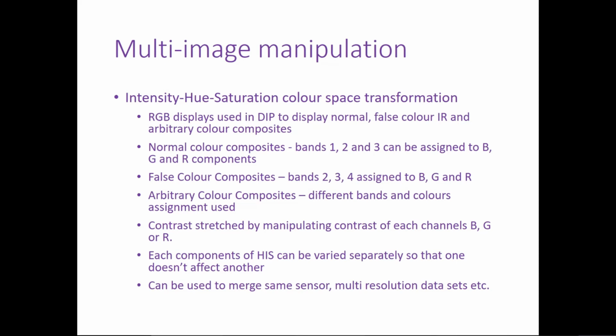Suppose you have 3 bands and you can generate a false color composite or a normal color composite or a true color composite or an arbitrary color composite. In a normal color composite, maybe band 1, 2 and 3 are assigned to the blue, green and red components, and in the false color composites, maybe band 2, 3 and 4 are assigned to blue, green and red. Alright, so that is a false color composite as I showed you here.